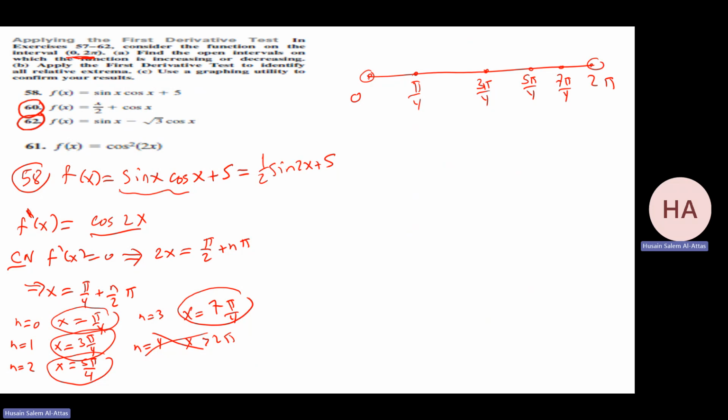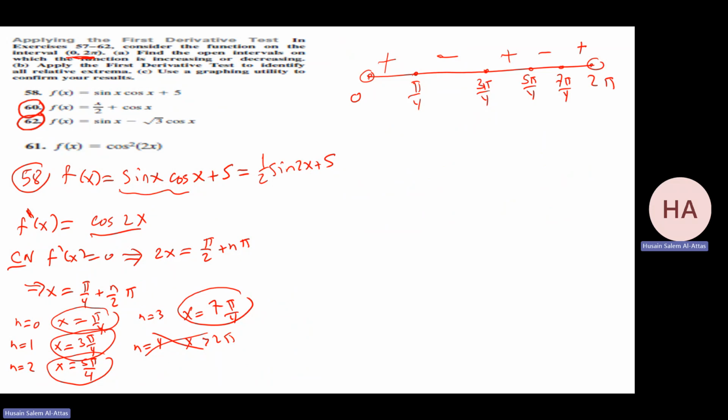It's easy to decide. Here, if I put any value between, that will be for sure positive, which is the first quadrant, times 2. Still, I am in the first quadrant. This one will be negative, since I will be in the second quadrant. Take, for example, pi over 2 times 2, that will be cosine pi, which is negative 1. And that one will be positive, negative, positive is for you to check.